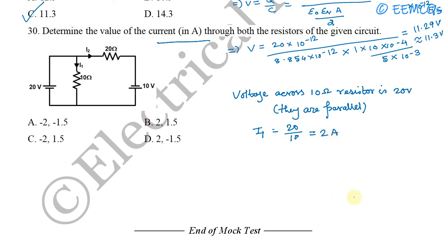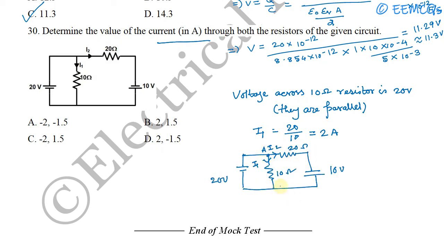Okay, also if we redraw the circuit, what we can see, if we take this as A node and this as B node, then the potential across 10 ohm resistor will be equal to the total potential across this 20 ohm resistor and this source voltage. Okay, so by writing the KVL here, so this is plus, this is minus, this is plus, this is minus.